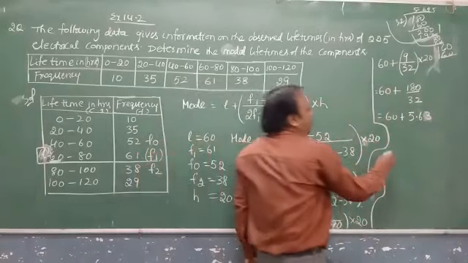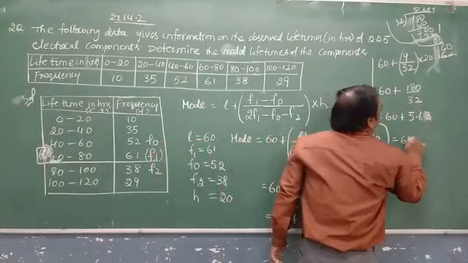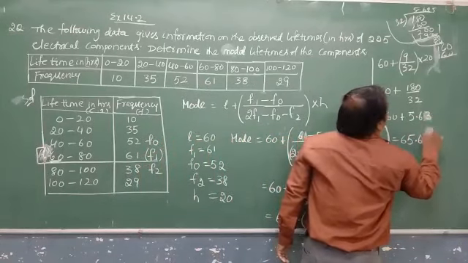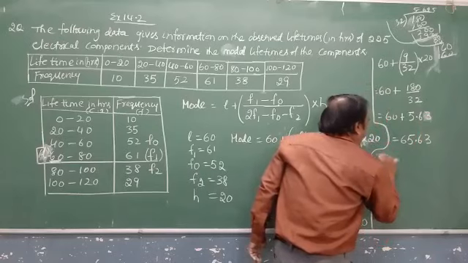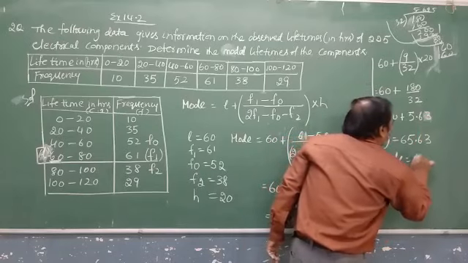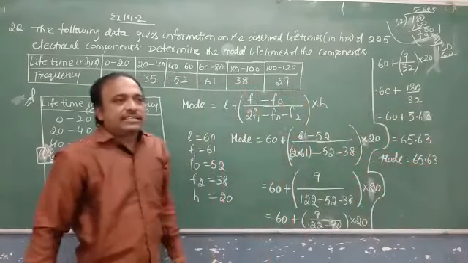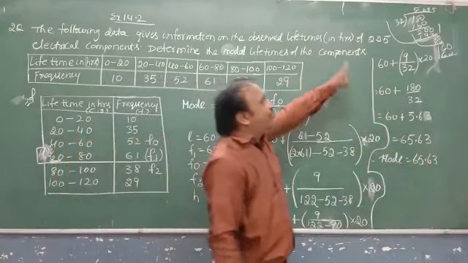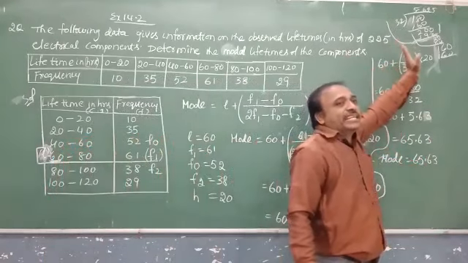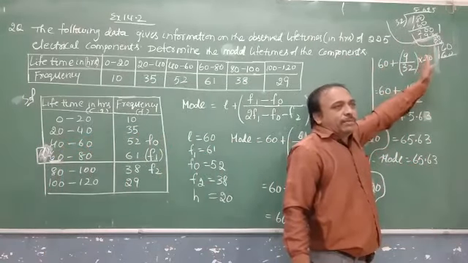So 60 plus 5.63 will give you 65.63. Therefore, mode is equal to 65.63. So while converting to decimal, you need to take care, maximum 2 or 3 decimal places.